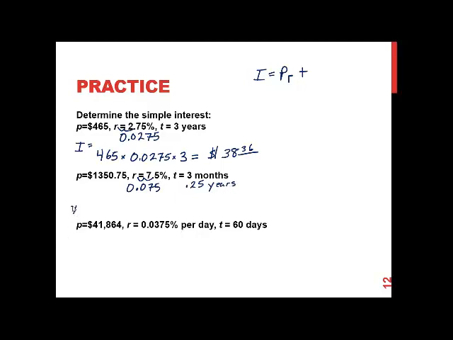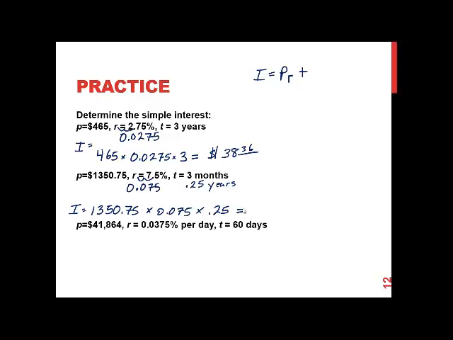Now when we put this all together, 1,350.75 times 7.5% times a quarter of a year, and that gives me an impossible number. I believe I have an error in mine.